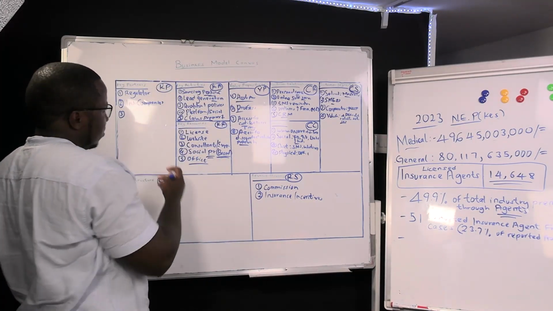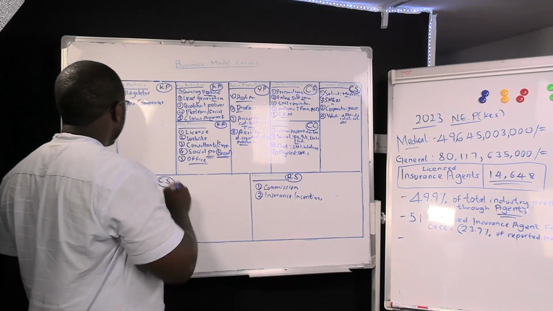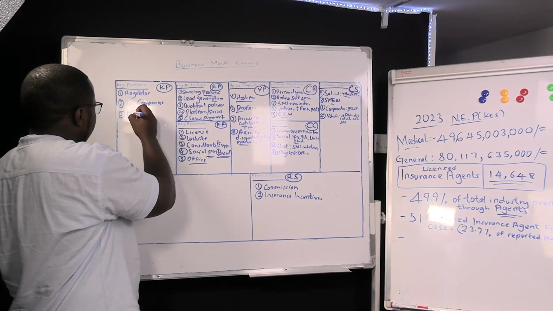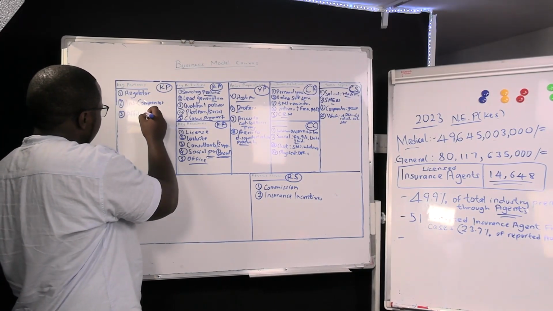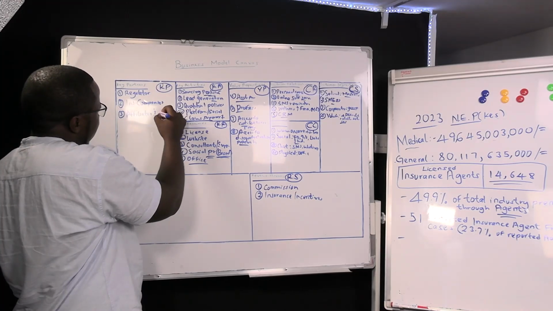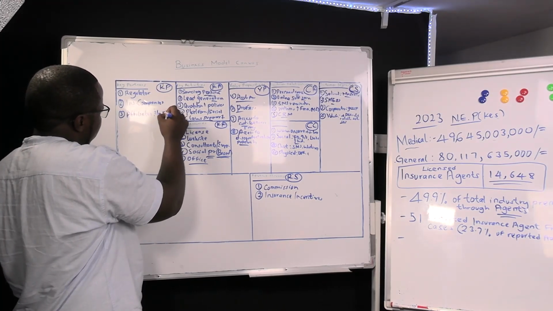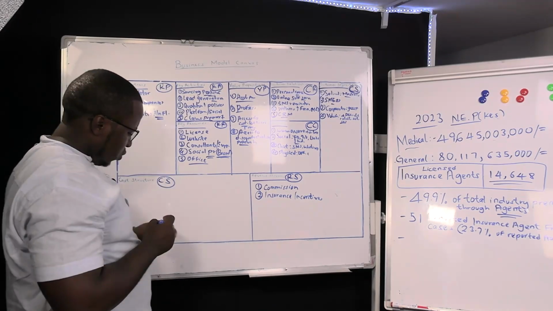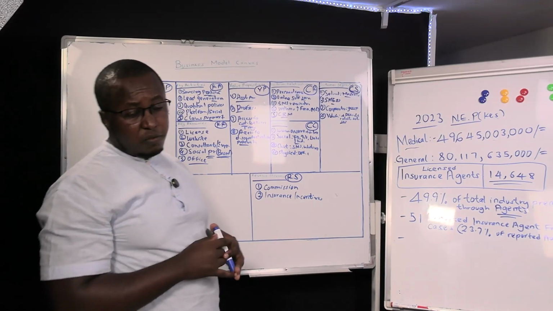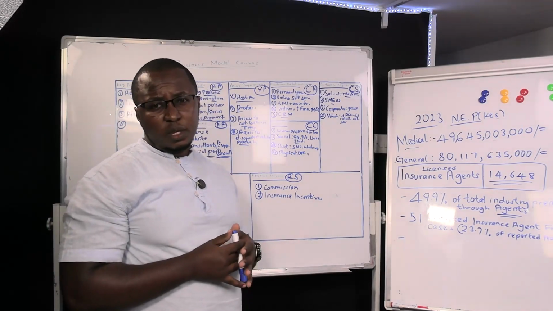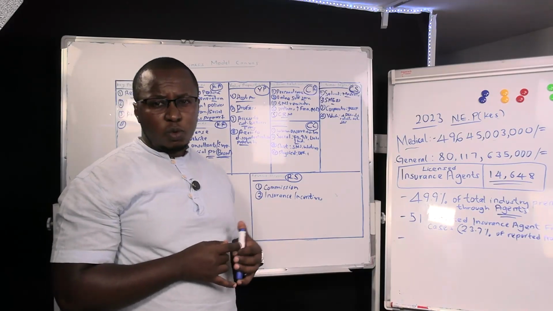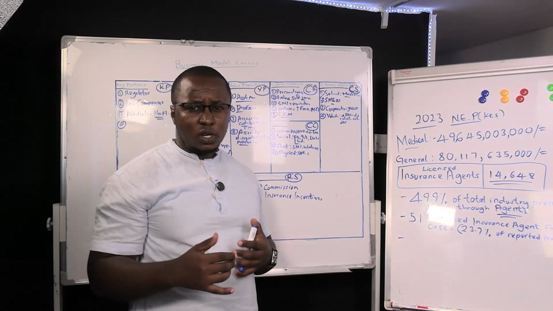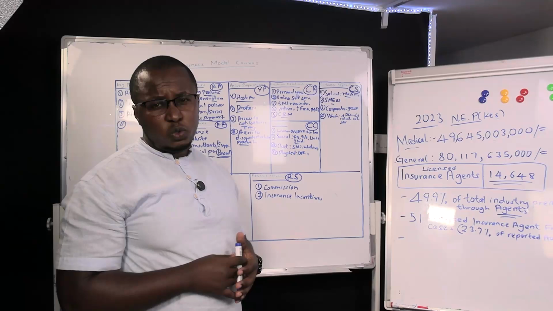Other key partners for this particular case will be affiliates and influencers. With this, we'll partner with affiliate agents who will be able to help us promote these particular insurance products and the services which we offer.